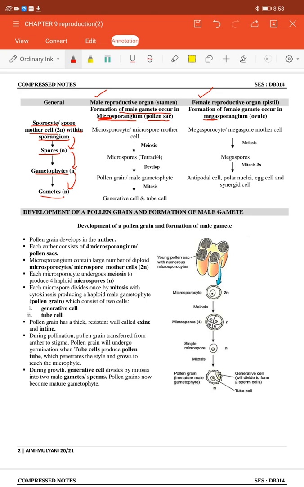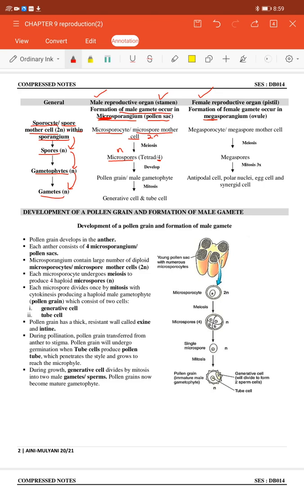For the male reproductive organs, which are in the stamen, the microsporocyte or the microspore mother cell, which is 2N, will undergo meiosis to produce microspores, which is N. As you can see, there is an S here, so it means there is more than one microspore, which is 4.